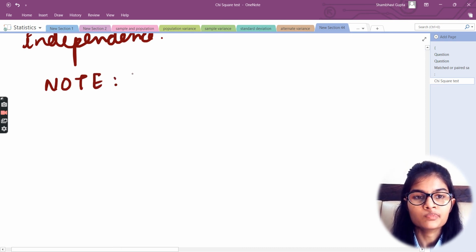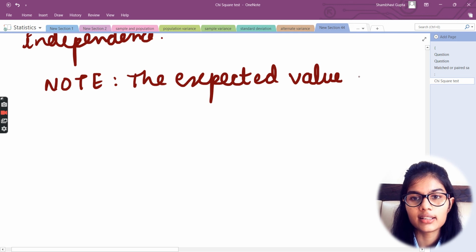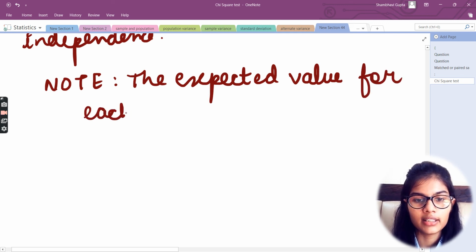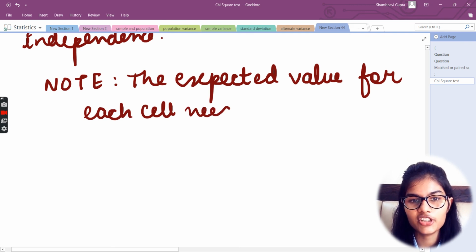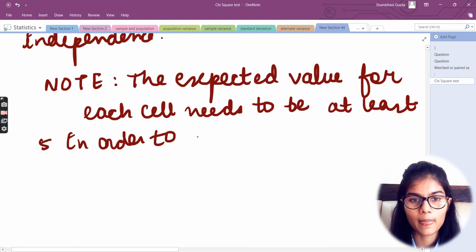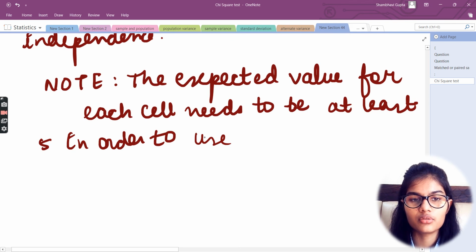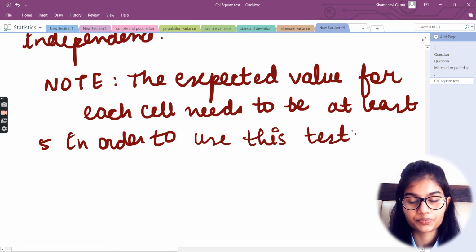So the note goes that the expected value for each cell needs to be at least 5 in order to use this test, right? Now, what is said here is that the expected value that we had already found out was denoted by the alphabet E, right?